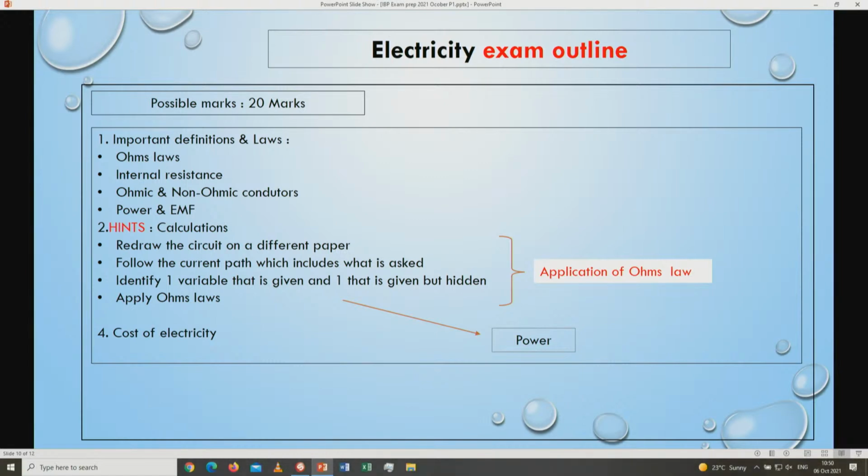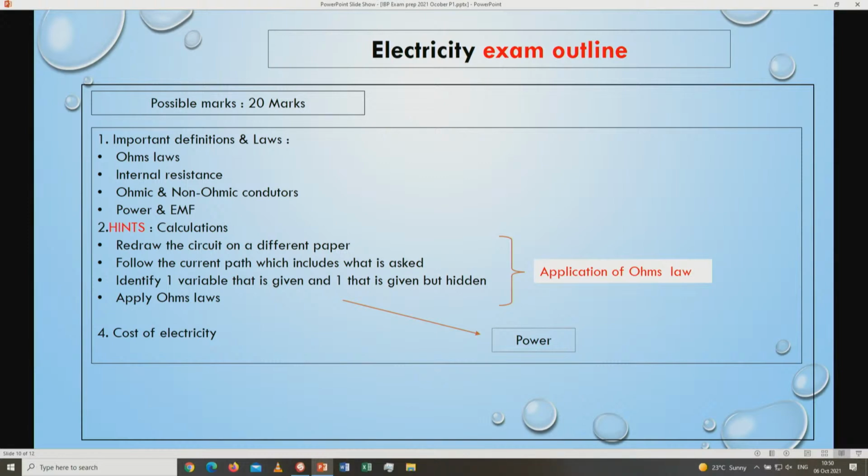But when you are given a circuit to work with, it is always important to redraw the circuit, or the best way is for you to write on top of the question. Because if you follow the current path, then it will include what is asked.